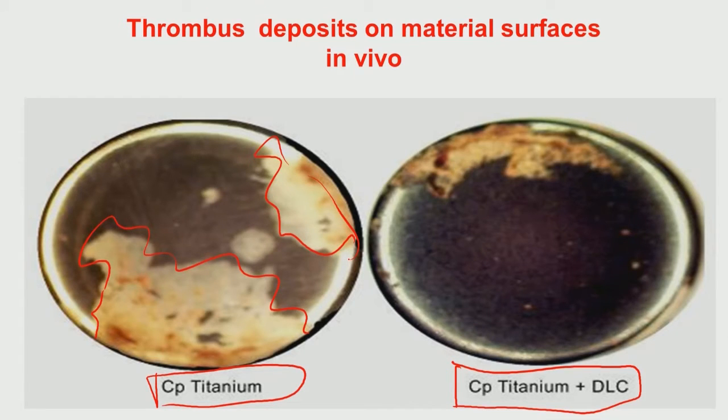But in the DLC coating, the thrombus formation is significantly reduced. If you do some kind of quantification, you can see quantitatively that the thrombus formation is statistically much less as compared to commercially pure titanium without any diamond like carbon coating.